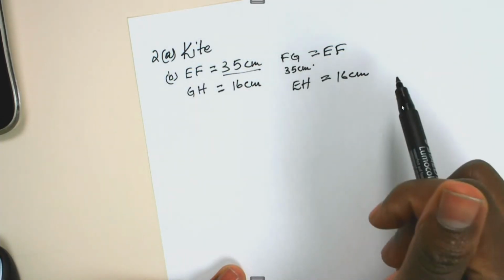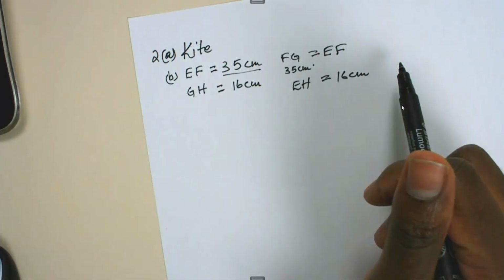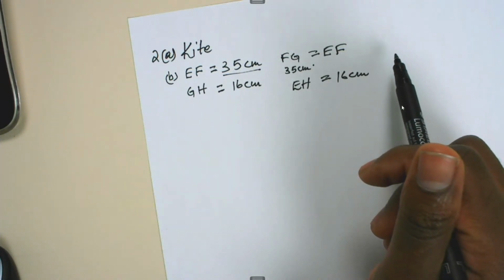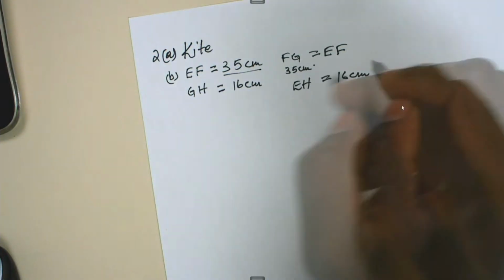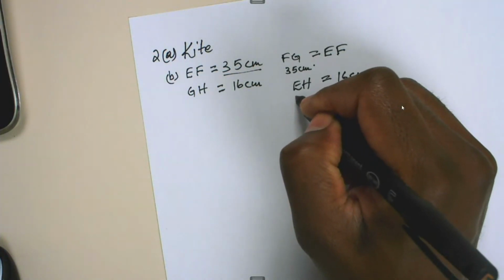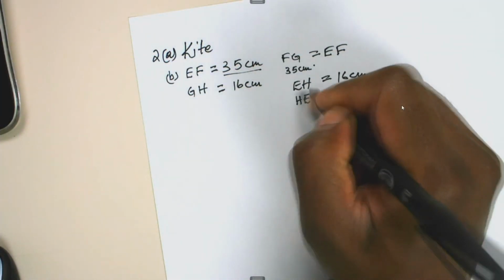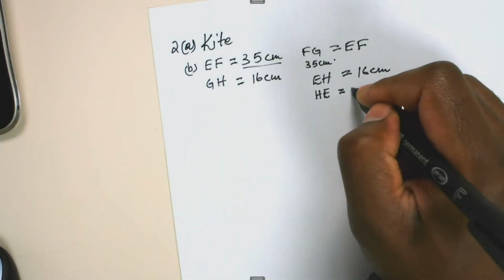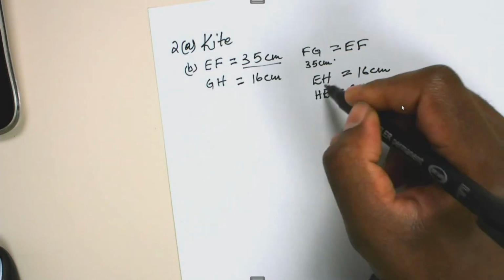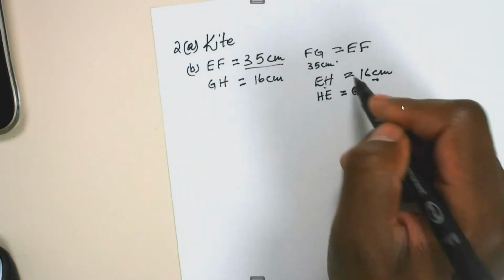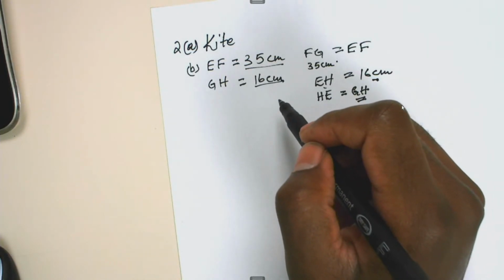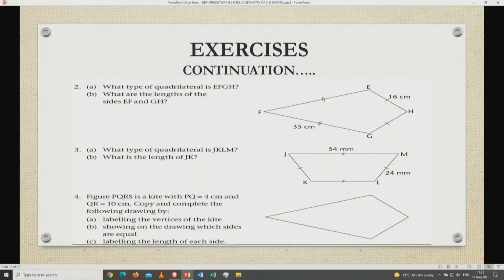They are equal. It's given there. Normally we write it as EH, or remember, HE and EH is one and the same, is equal to GH. So if EH is 16 centimeters, it would mean that also GH will be 16 centimeters. Markings are very important. Properties are also very important, guys.